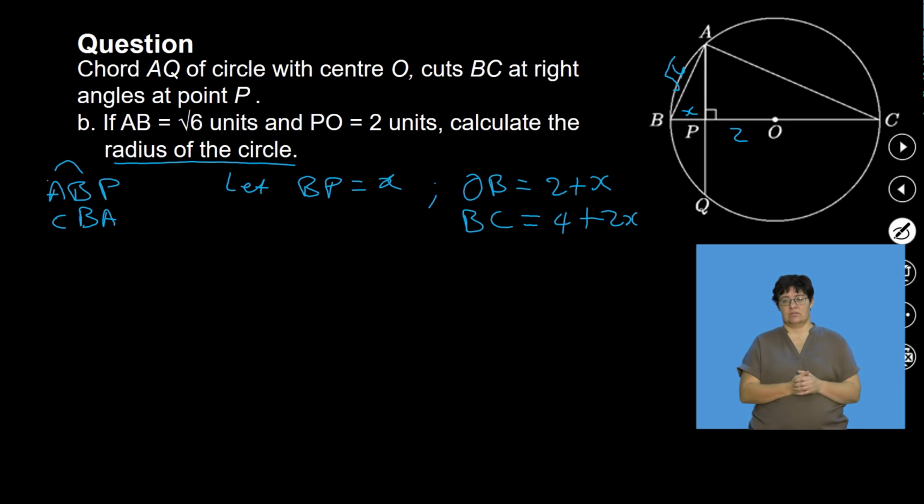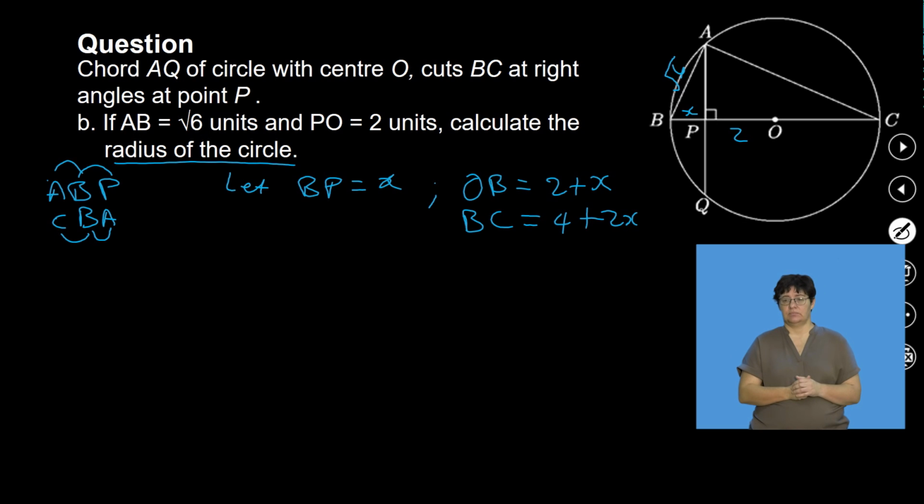I must link it with something else that I know, and that will be BP here. Then that means it will go with BC over BA. Do I know what BC is? Yes, I said it was 4 plus 2x. Do I know what BA is? Yes, it is the square root of 6.